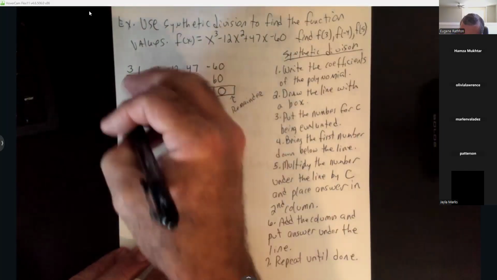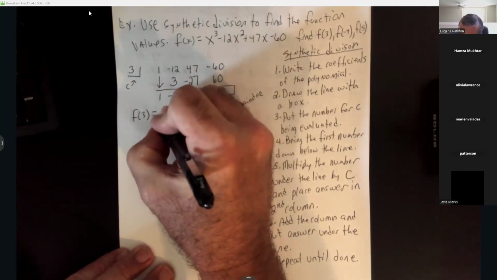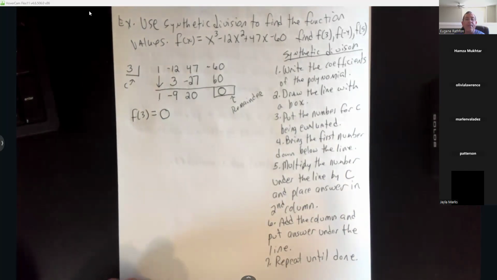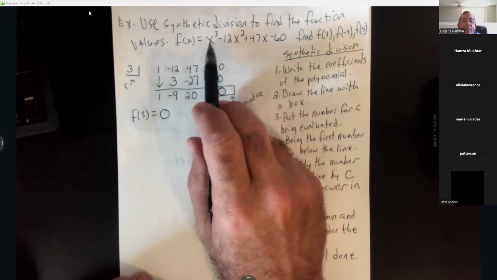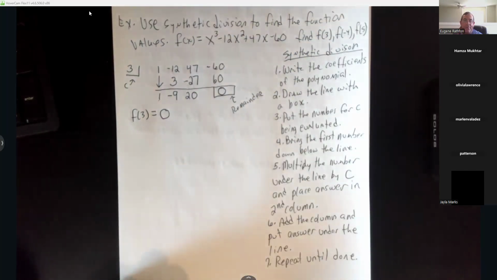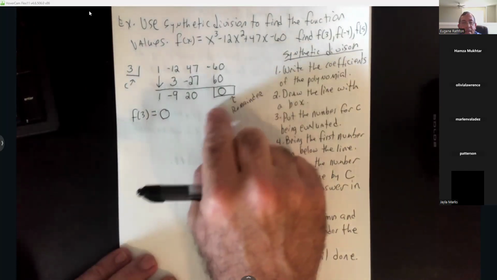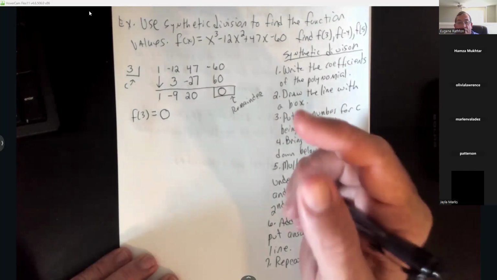So what that means is f of 3 equals 0. That is the same answer that you would get if you put a 3 in for all the x's and figured that out. So synthetic division is an easier way sometimes of getting those function values.